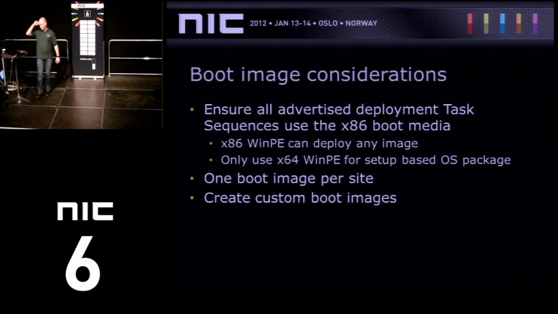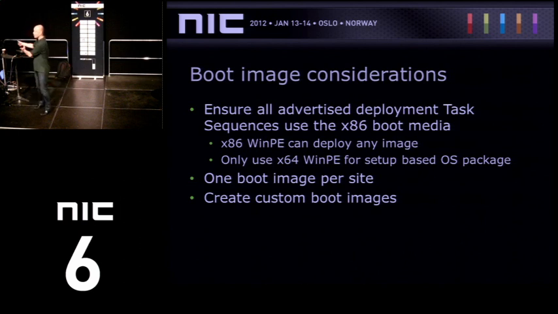So, a few things around boot images. I showed you most of the properties already, but you need to have 2. But you only use 1. Why do you need to have 2? Because PXE needs 2.